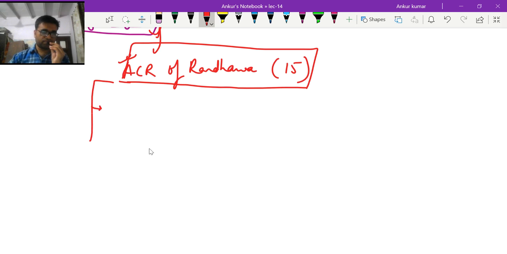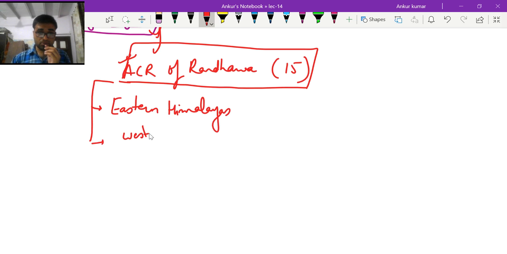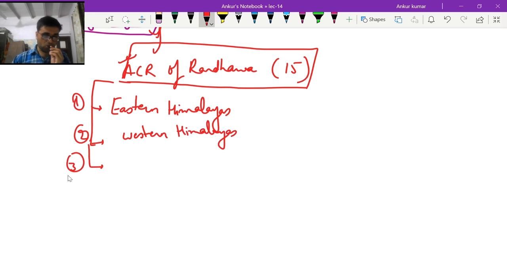The first one is the Eastern Himalayas. The second one is the Western Himalayas. The third region is the Lower Ganga Plains or Valley.